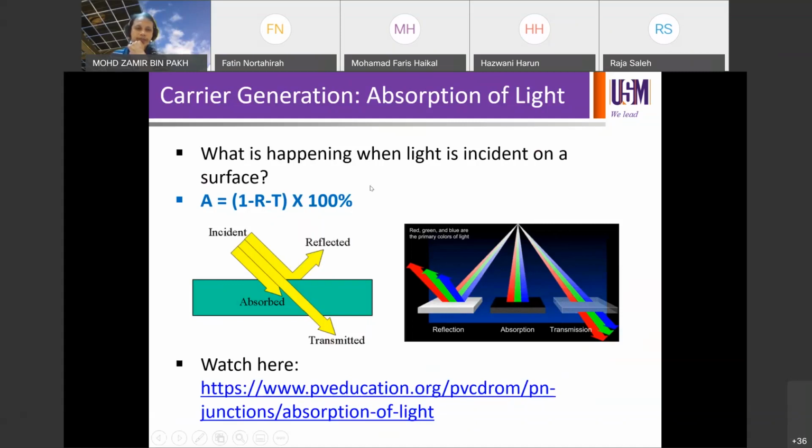Can anyone explain this phenomenon when you're in front of a mirror every day? What is actually happening in front of the mirror? Tell me a bit about what happens in front of the mirror.